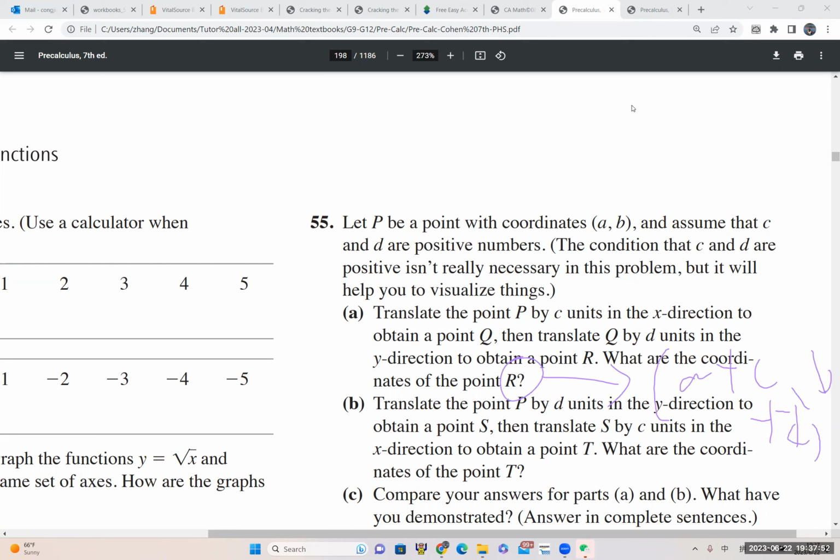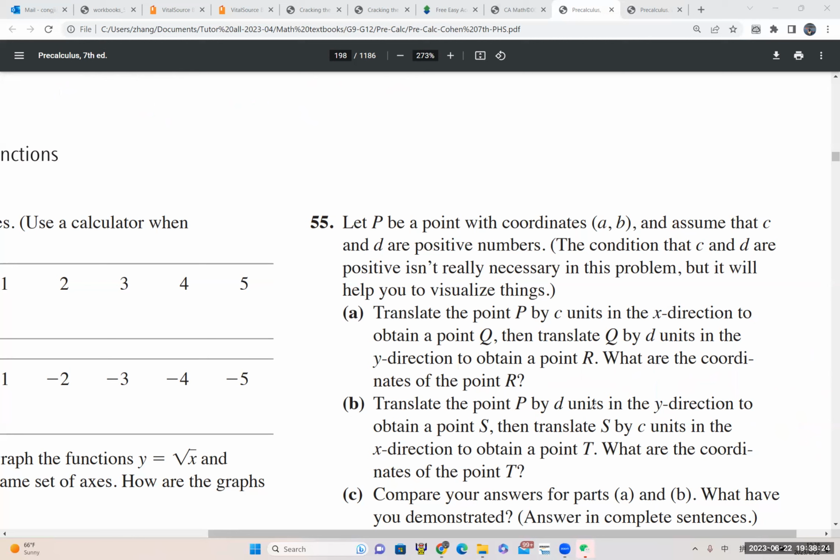So let's quickly say P is (A, B). After the first step, C units, it just means x plus C, right? Then later Q plus D units. So that's why we get B plus D. Yeah, it's correct.